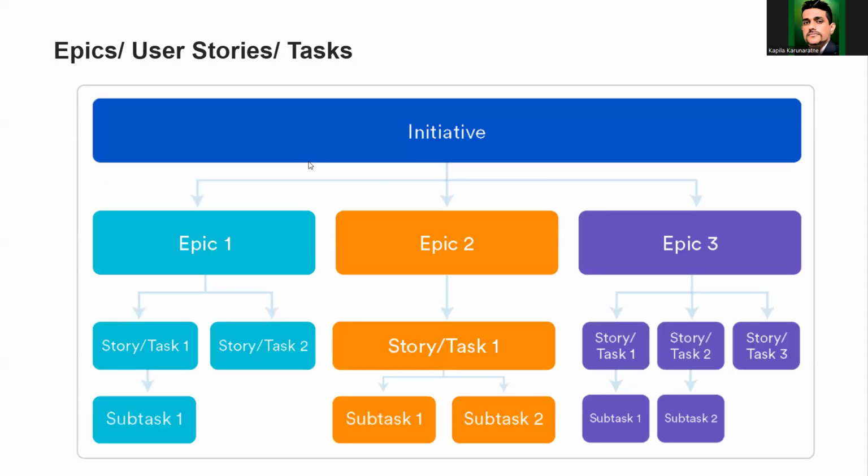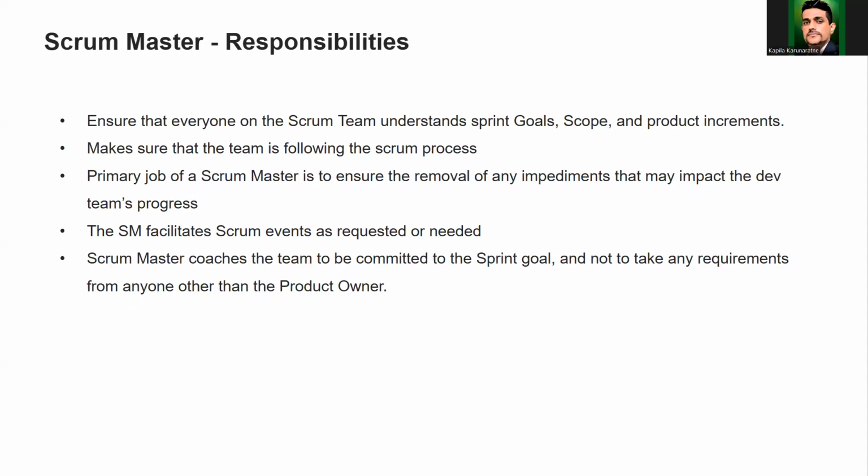Okay. So if you go back, these two roles, product owner and Scrum Master, are very key roles that we really need to look at. When we compare with the previous waterfall method of development, we have a person called project manager, but in Agile there is no person called project manager.